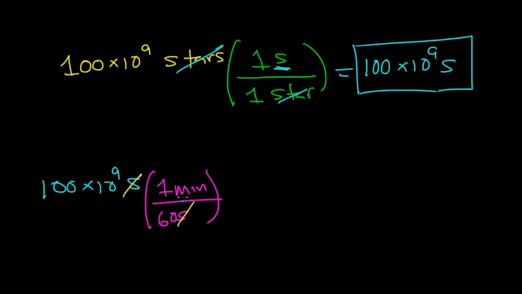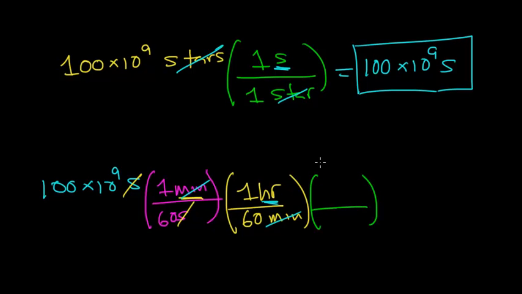So now we're left with a unit of a minute. We're going to now go from units of minutes to units of hours. There are 60 minutes in 1 hour. Again, notice that this unit of minute cancels out with this unit of minute, and we're left with units of hours. The next step is to go from units of hours to units of days.